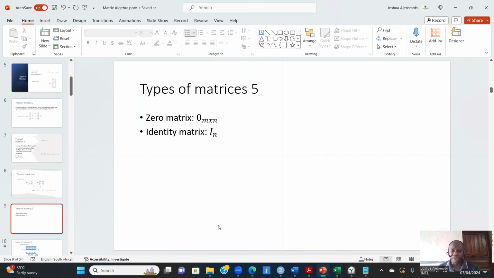For identity matrix, it's a square matrix where the principal diagonal elements are 1 and every other element is 0.